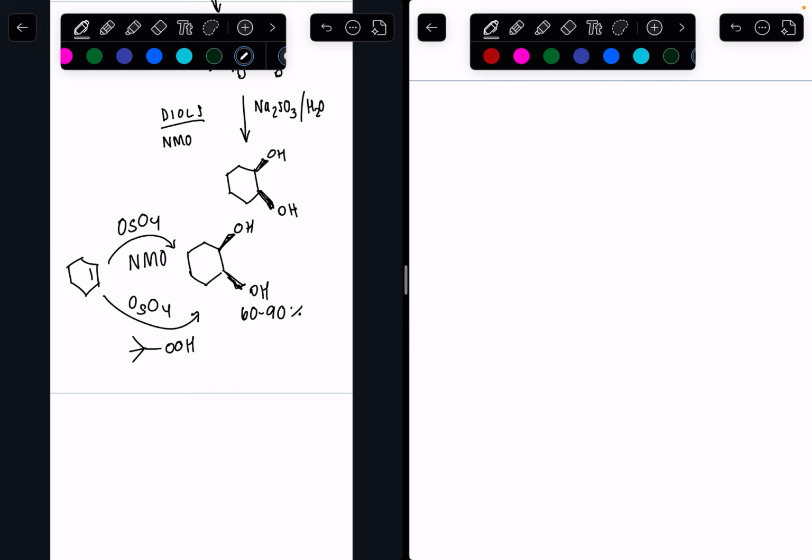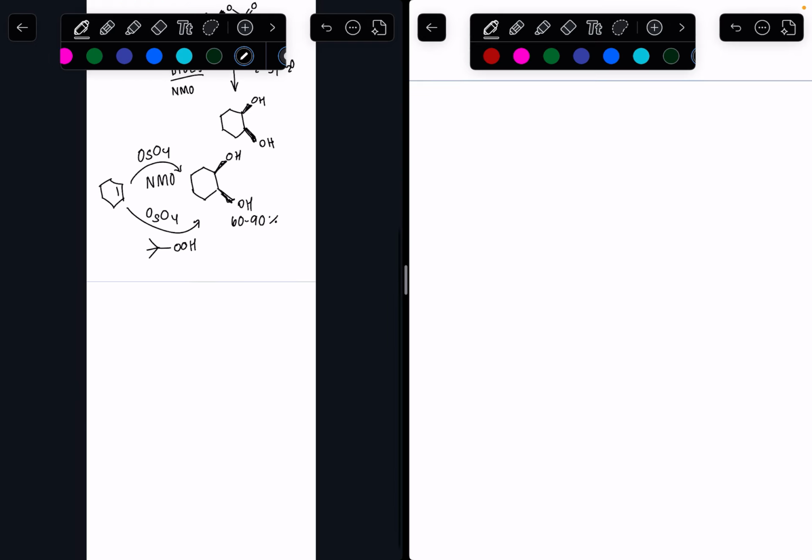All right, so although the mechanism's similar, syn dihydroxylation involves treatment of alkenes with cold potassium permanganate under basic conditions. And so, as we covered earlier, both will add across the double bond, and there are similar mechanisms.